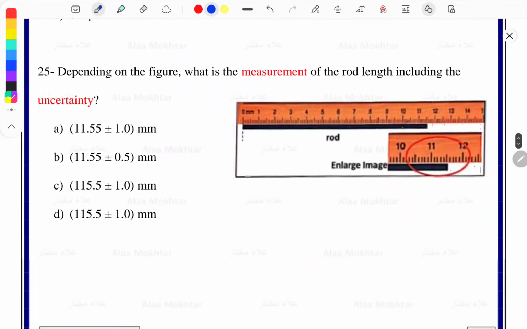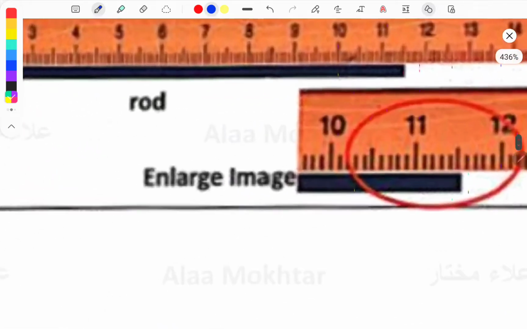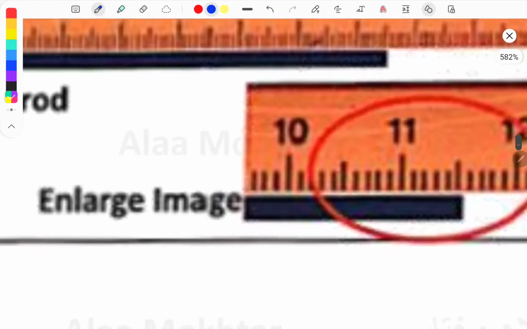The next one, depending on the figure, what is the measurement of the road length including the uncertainty number? Okay, if we make a zoom for this reading, this is our reading at this point. All of us know it's 11.5.